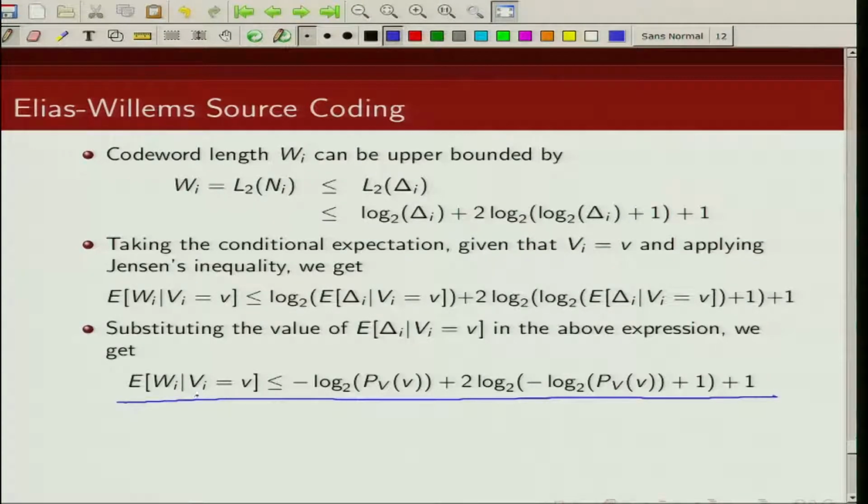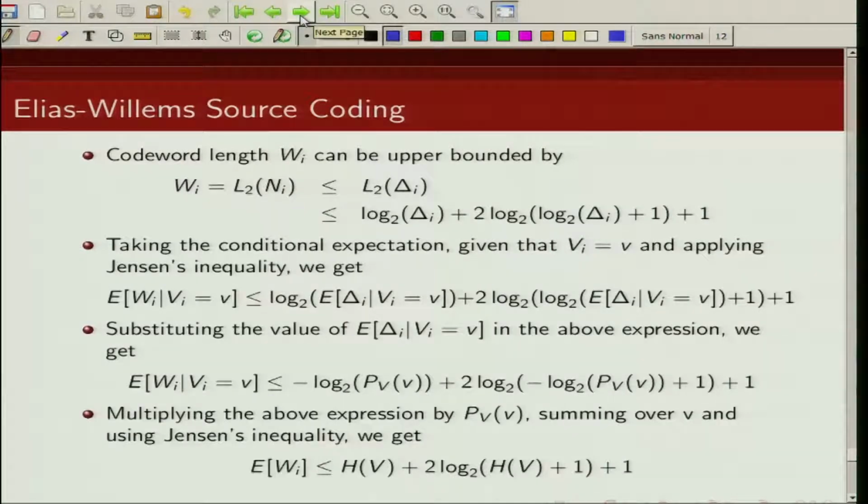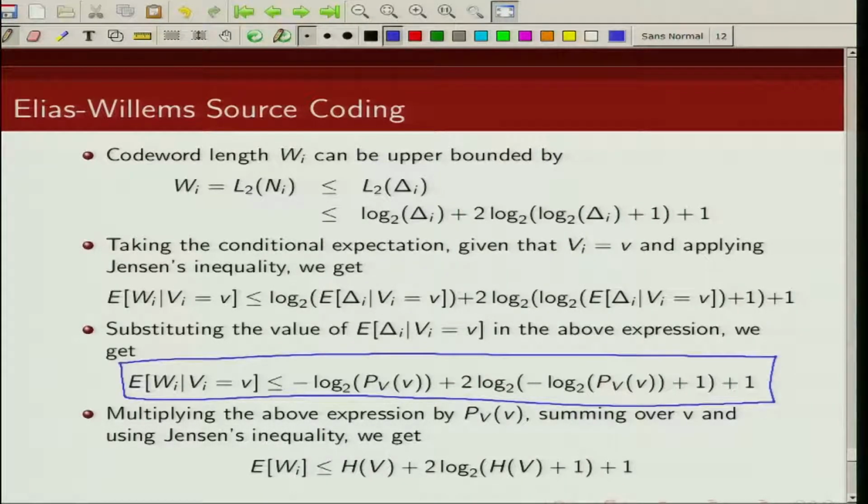Now we need to get rid of this conditional expectation because we want to get the value of expected value of Wi. So to do that, we multiply this particular expression by probability of V, and then we sum over all V's. And another thing that we are going to use is Jensen's inequality.